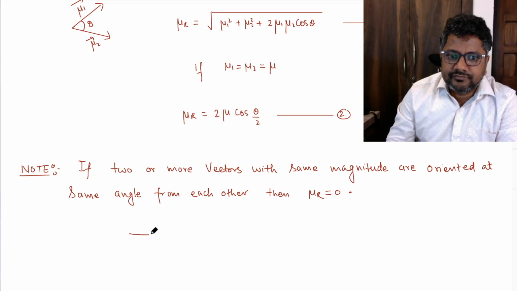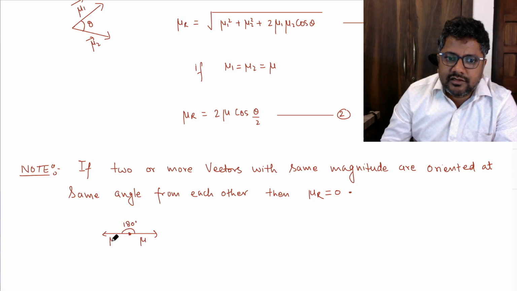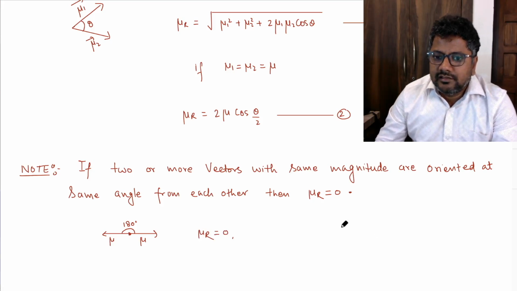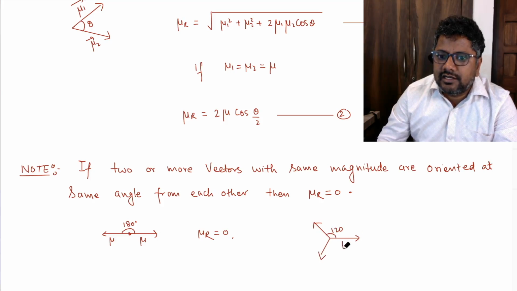Suppose two vectors of the same magnitude are oriented 180 degrees from each other, this is mu and this is also mu. So mu r is equal to 0. Suppose three vectors are oriented at 120 degrees from each other and all have the same magnitude mu.